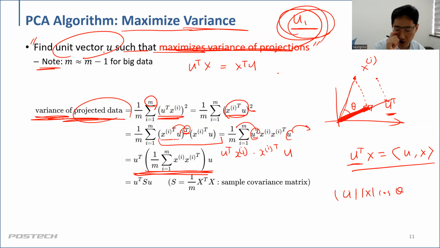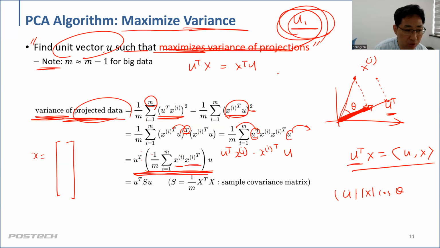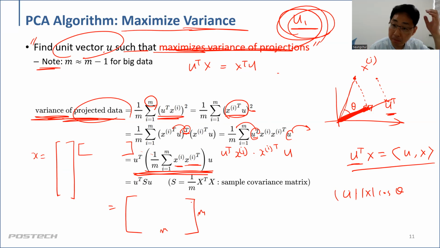And here is the key moment. What is this? Remember, xi is a column vector, and its transpose is a row vector, so it's going to make an M by M matrix.